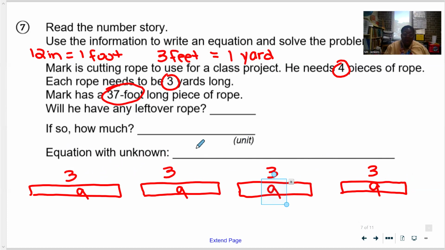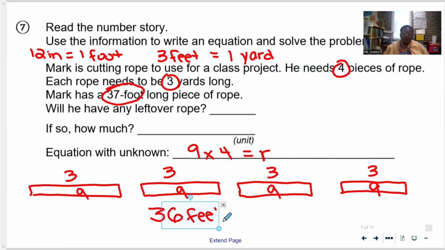So I know 9 feet times the 4 pieces of rope. I'm going to use an unknown here for my equation, R for rope. So 9 times 4 is equal to R. 9 times 4 is equal to 36. 9, 18, 27, 36. So all 4 pieces, that's 36 feet of rope.